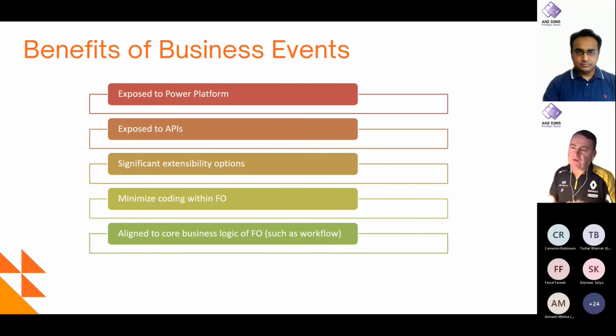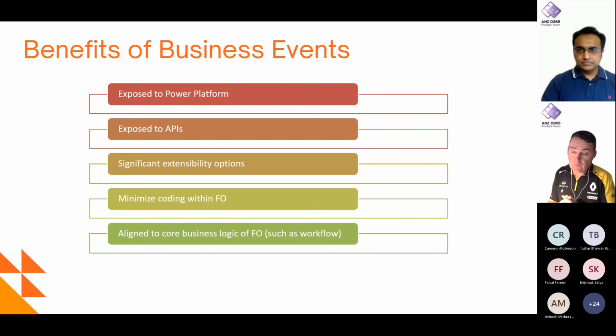And the beauty of extensibility is we can enhance the user's experience of this business application without customizing the core application. We're extending its capability through the Power Platform. And that makes a big difference to organisations when they're looking at total cost of ownership.